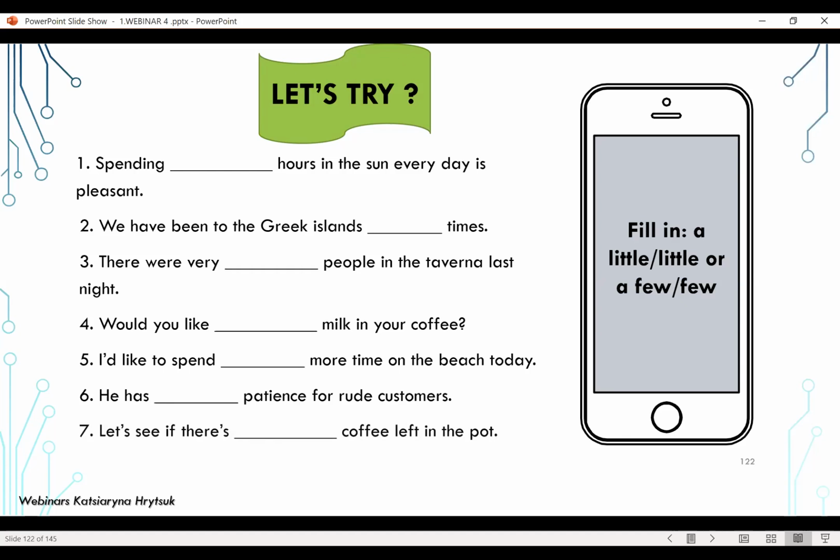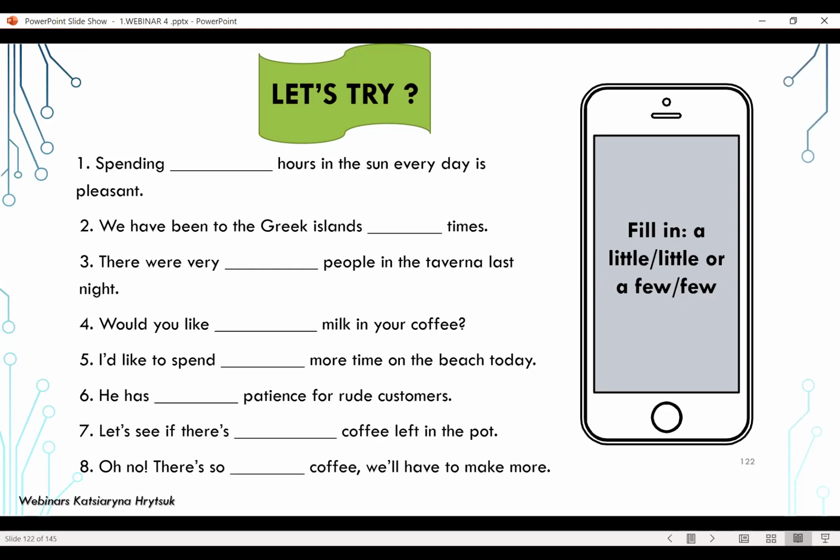Number 7. Emilia. Let's see if there is a little coffee left in the pot. Very good. A little coffee left in the pot. Good. Sophia?